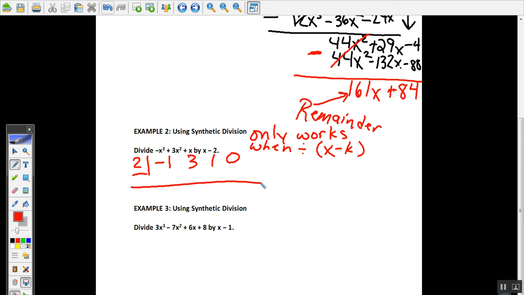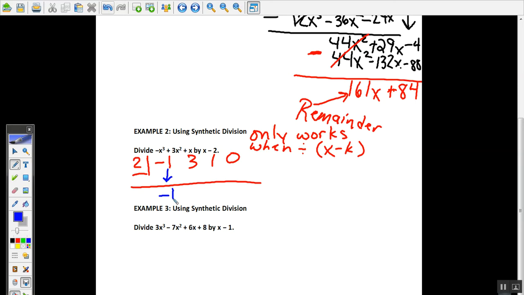All right, here's how synthetic division works. And I'll show you how to write your answer in the end. This is what you do. First thing you're going to do is bring that first coefficient down, which is negative 1. Okay? Then you're going to take this value, negative 1, and times it by k.